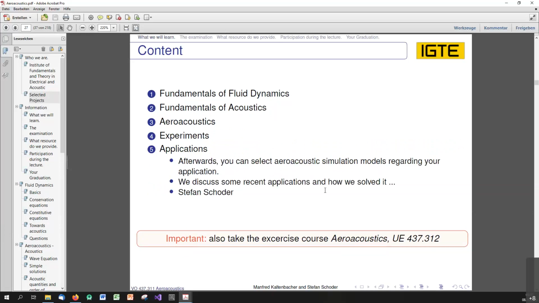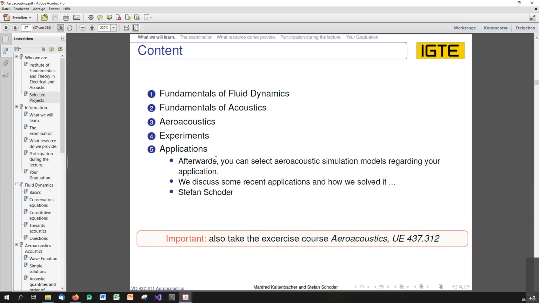And as I said before, in the exercise course we do a lot of applications and how you can transfer the knowledge into real calculations and even get some ideas of how to do a project and deliver results there.